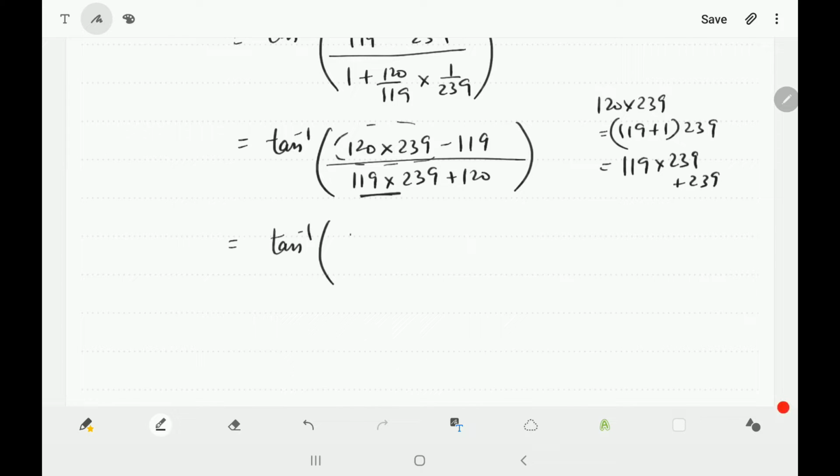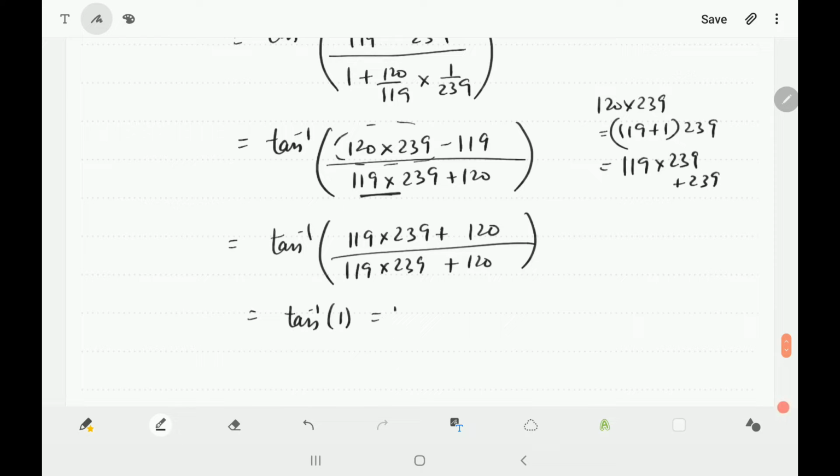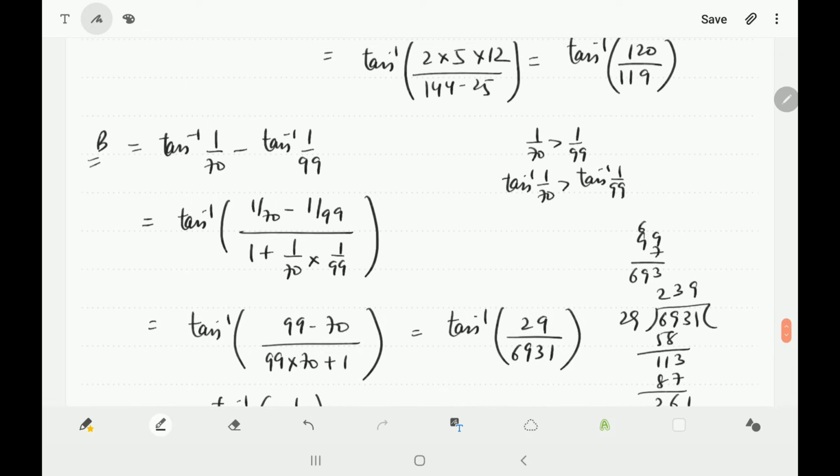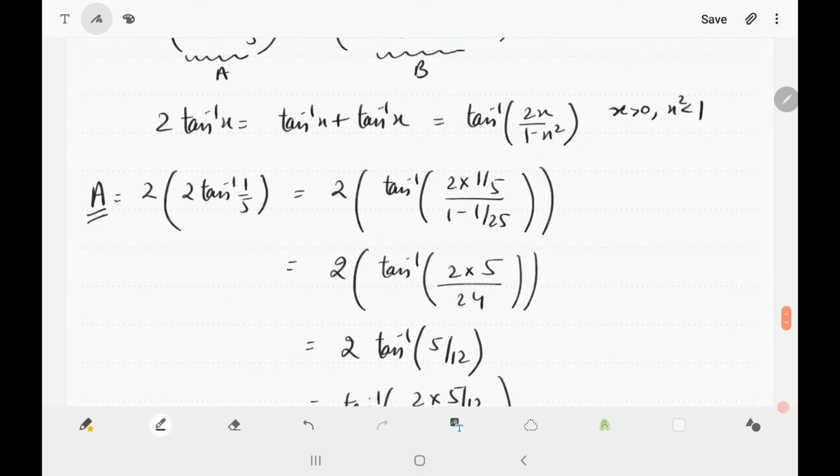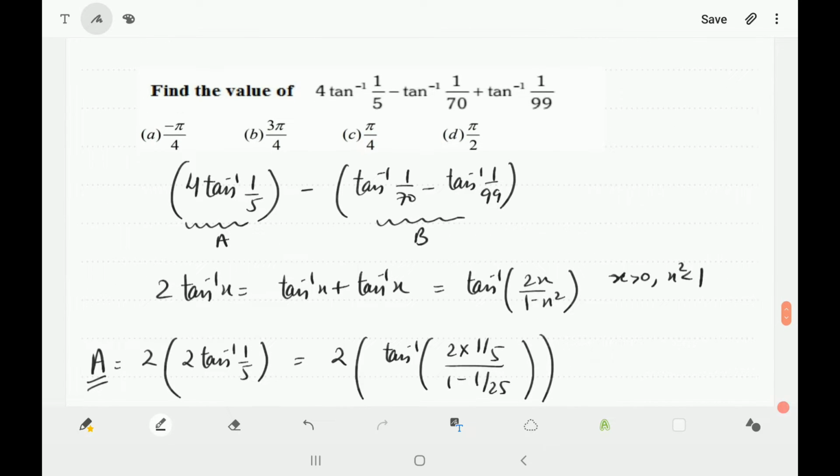Okay, so this term can be written as 119 into 239 plus 239 minus 119 will give us 120, and 119 into 239 plus 120 is also present in the denominator. So this term will become tan inverse of 1, and the answer for this problem will be pi by 4. So let's see which option it is. So option C is the answer for this problem. I hope it is clear.